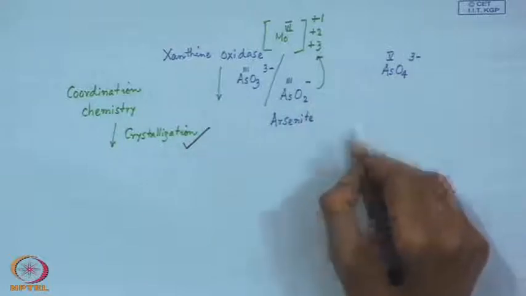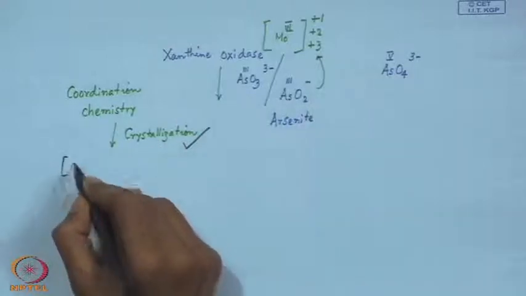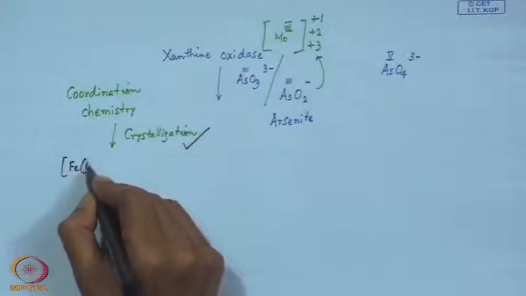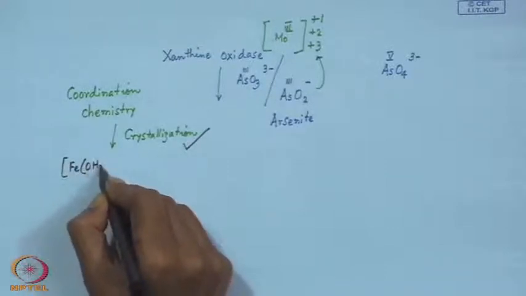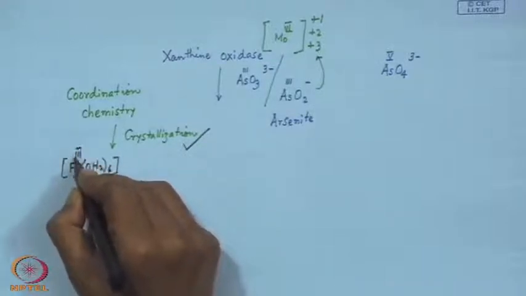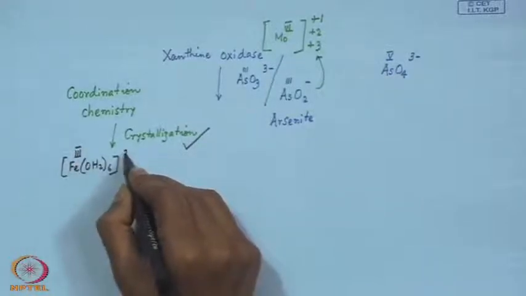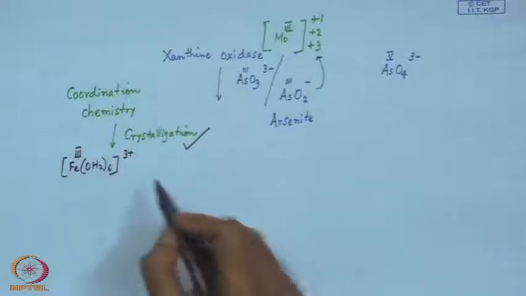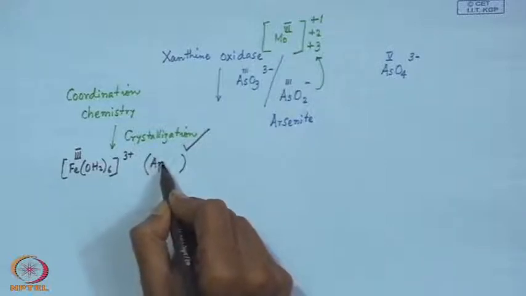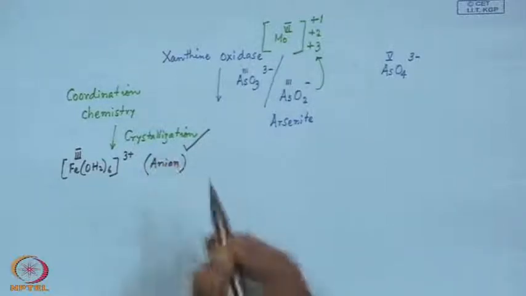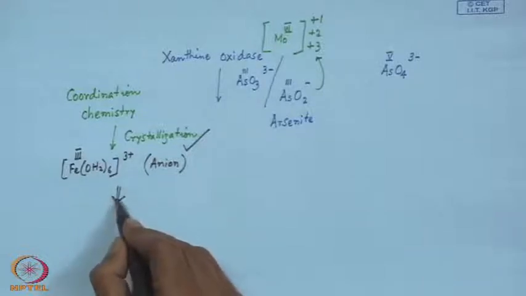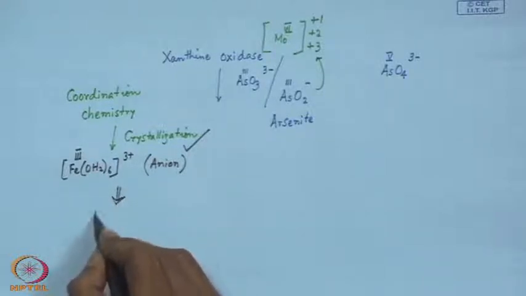The way we go for the typical crystallization, that means if we have simple hexa iron 3 in cationic form, we can supply some anion such that we get some molecule which is electroneutral.